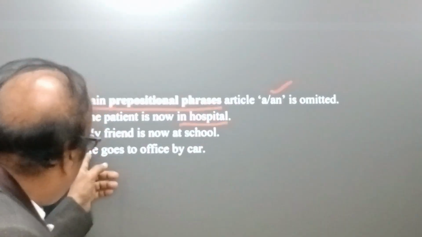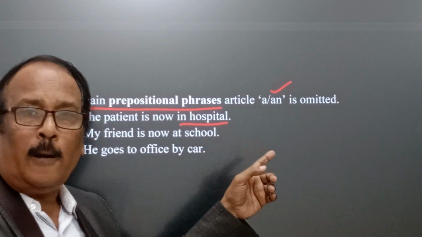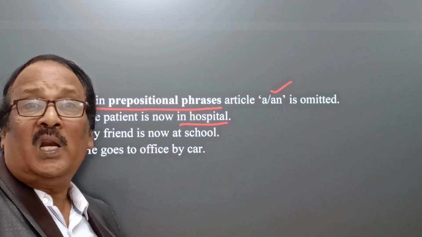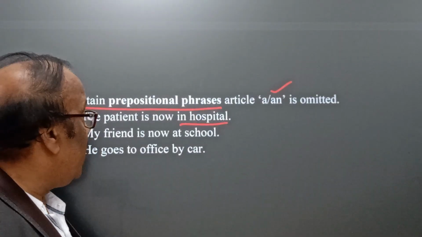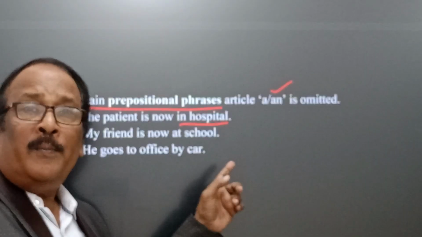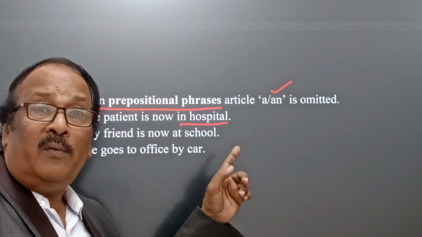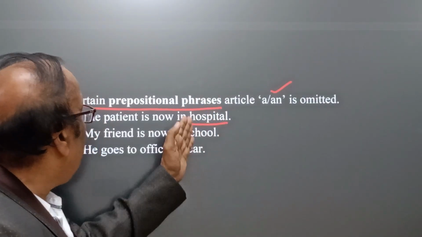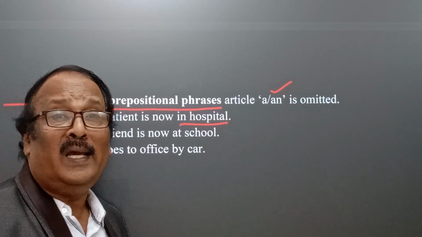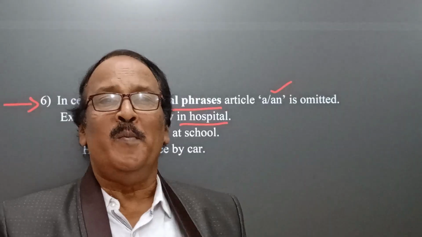Now, he goes to office by car. By car is a mode of transport. Here we find that by a car is wrong, by car is right. Therefore, in these prepositional phrases, we shouldn't use a or an. In this case, a or an is omitted.